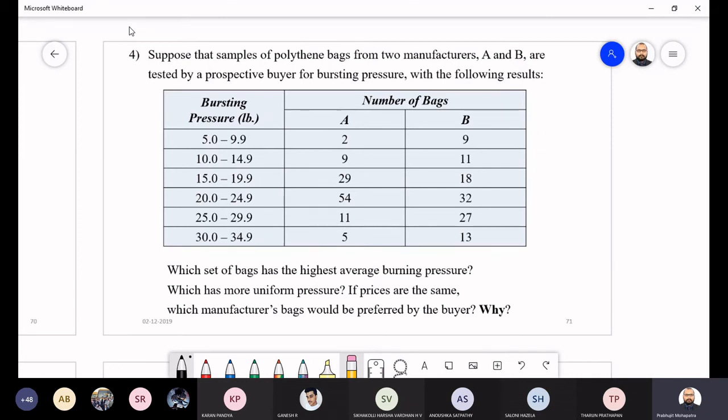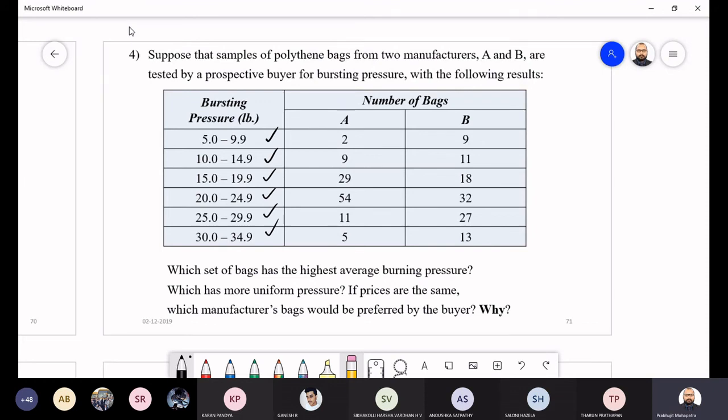These are the bursting pressures given, and these are the number of bags. Manufacturer A has this number of bags, manufacturer B has this number of bags.